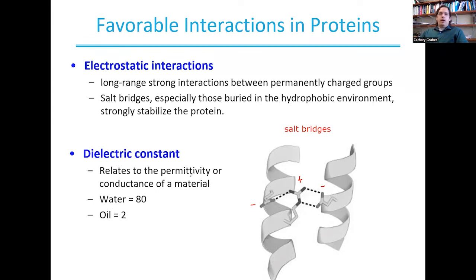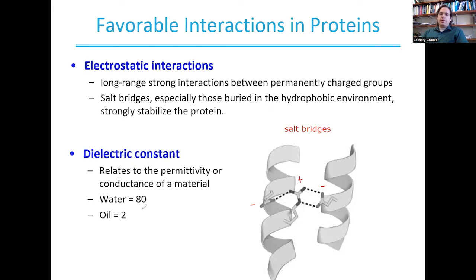All of our charge interactions are affected by something that we call the dielectric constant. It relates to the conductance of a material, or essentially how well charges can be stabilized or can move around within that particular environment.